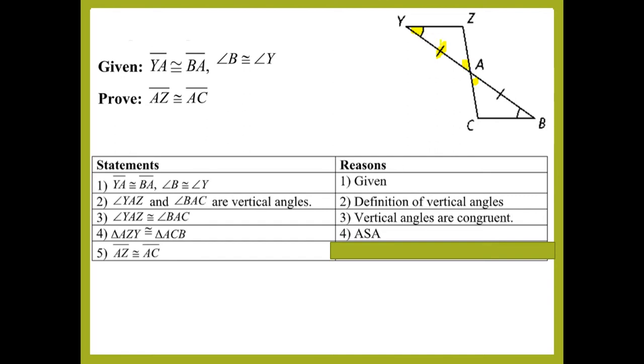So we had an angle, then a side, then an angle. So lastly, we can say that side AZ is congruent to side AC because we just determined that our triangles are congruent. And we know that corresponding parts of congruent triangles are also congruent. So therefore, side AZ has to be congruent to side AC.